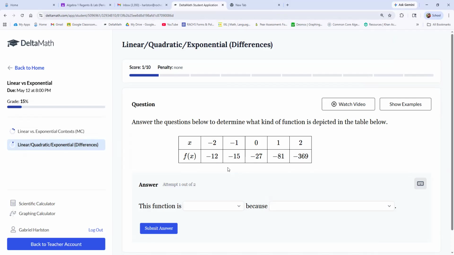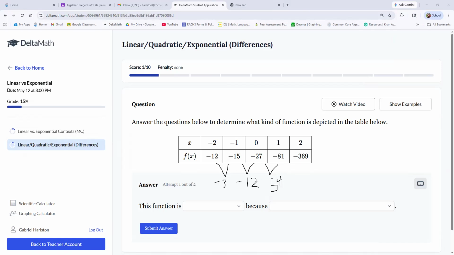So it doesn't look like, let me use the pen again so you guys can see exactly what I'm doing here. So this is going down by a -3. This is going down by a -12. This is going down by, what is that? It's 27, that's 4, 54.